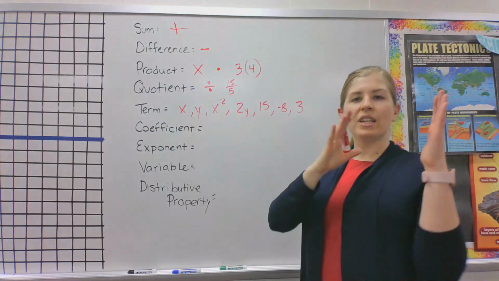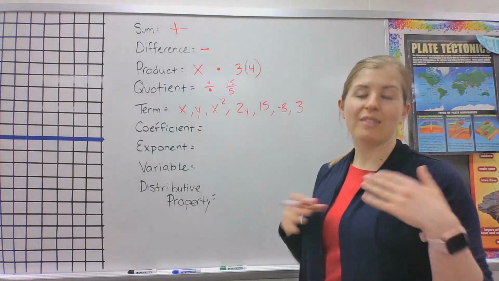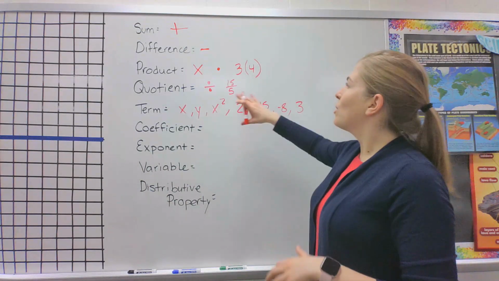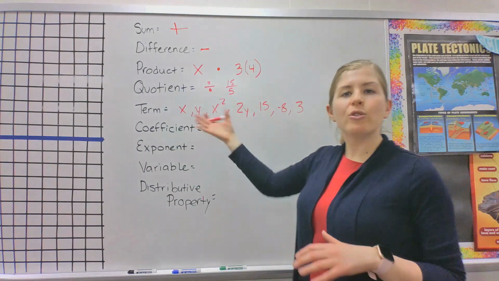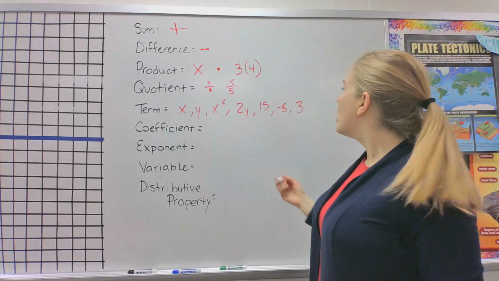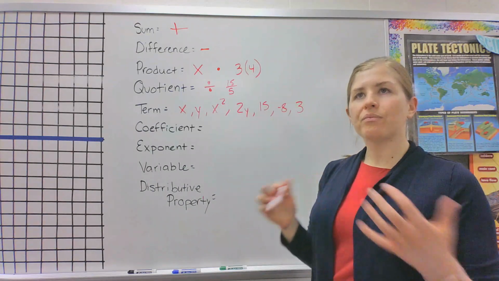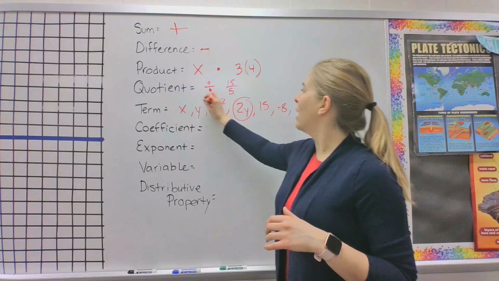So terms are just those individual items that are either being added, subtracted, multiplied, or divided for our purposes. So you're going to be finding the sum, difference, product, or quotient between individual items. Those are called terms. And so when they tell you, hey, combine like terms, they want you to combine numbers or variables together that are in common.